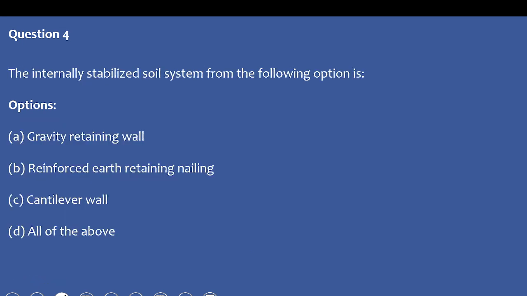Moving to question number four, you need to determine, among all four of these, in which system we basically utilize the internally stabilized soil system.